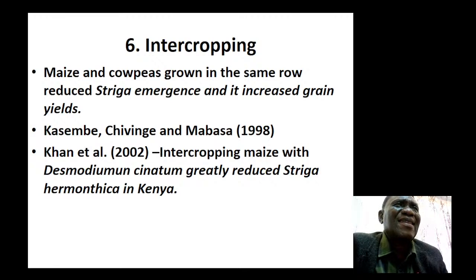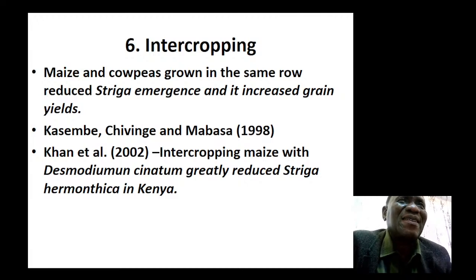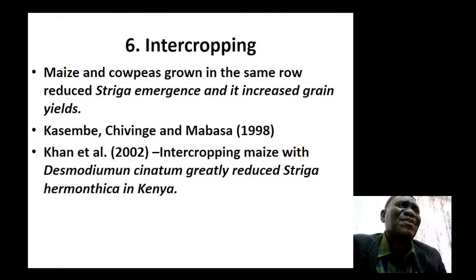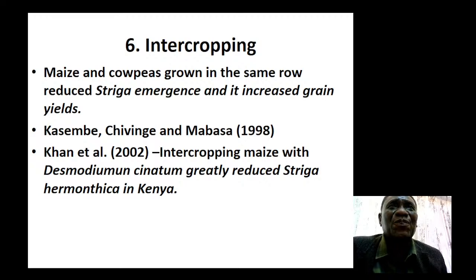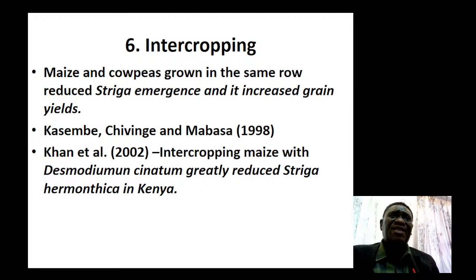Then there is Khan et al., who also did an intercropping with maize and Desmodium uncinatum, which greatly reduced Striga hermonthica in Kenya. So what we are saying is that intercropping maize with legumes like cowpeas, and in Kenya with Desmodium, reduced the Striga.